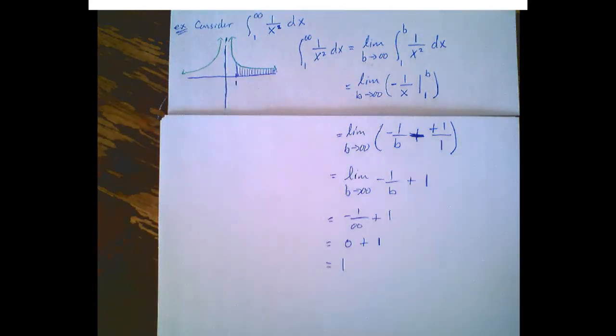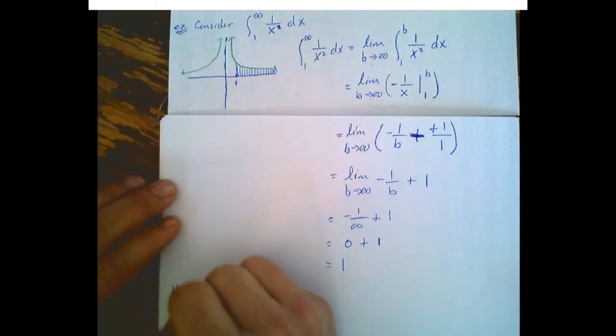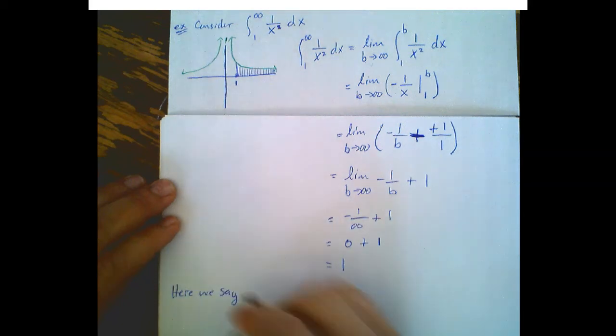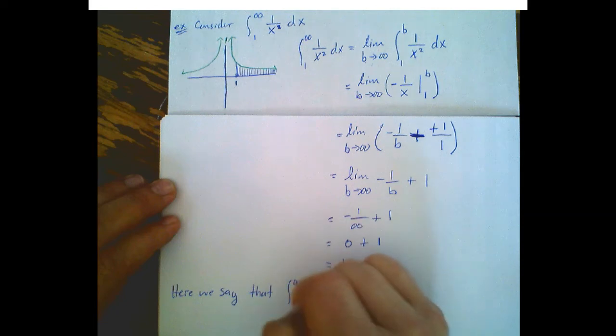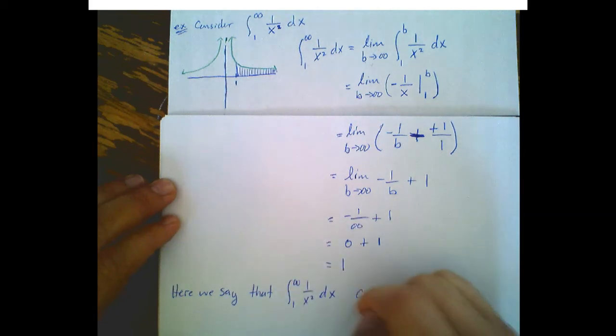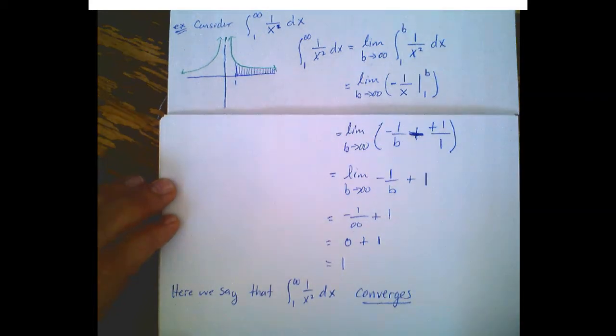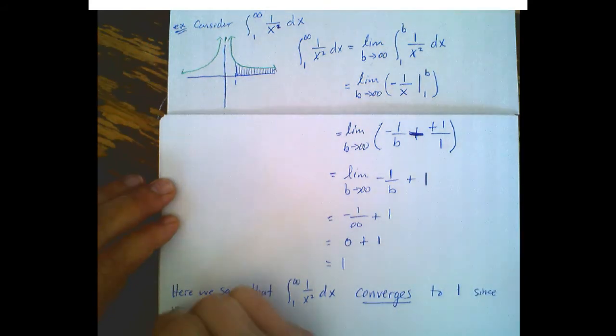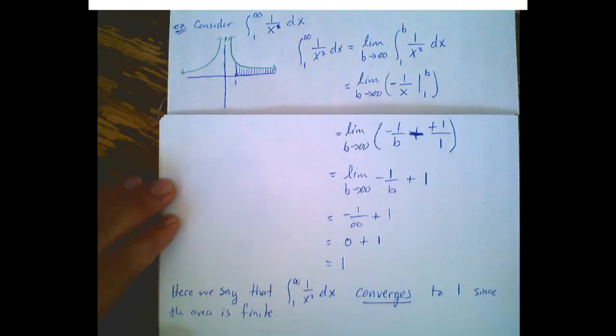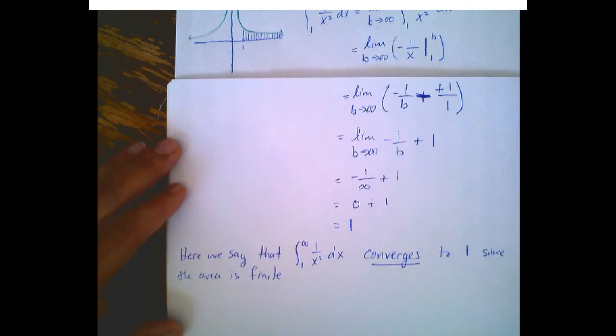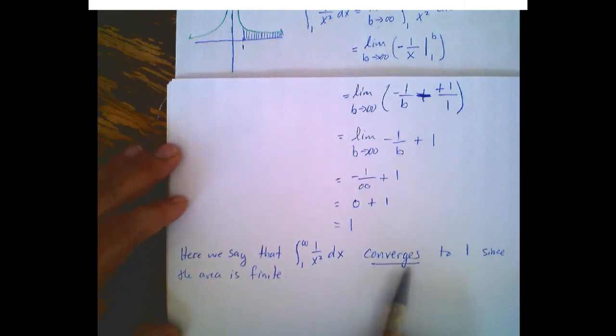So here we say that the integral from 1 to infinity of 1 over x squared dx converges to 1, since the area is finite. Okay? We're talking about this area converging to 1.